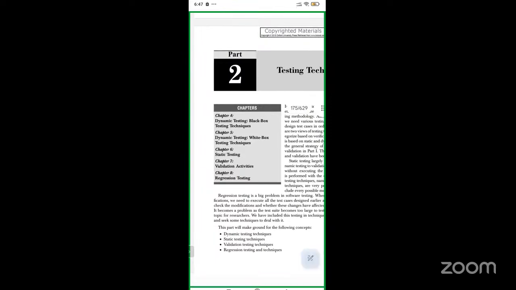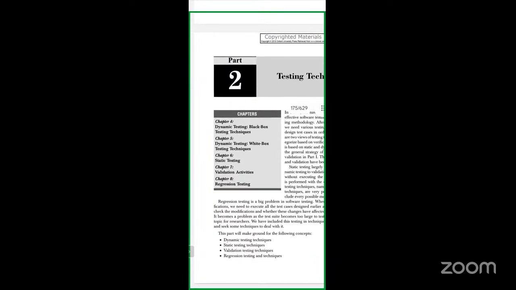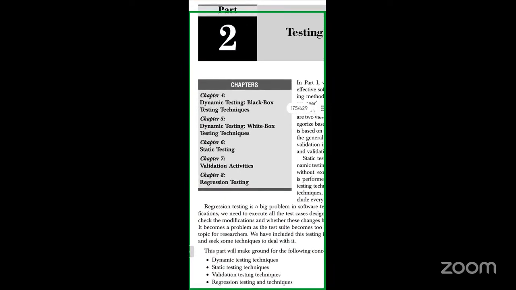After reading this particular chapter, we should be able to easily understand what is dynamic testing. In that case, what is black box testing? What is white box testing? What are the black box testing techniques? What are the white box testing techniques? And then what is static testing, then what are validation activities, and regression testing we are going to check.